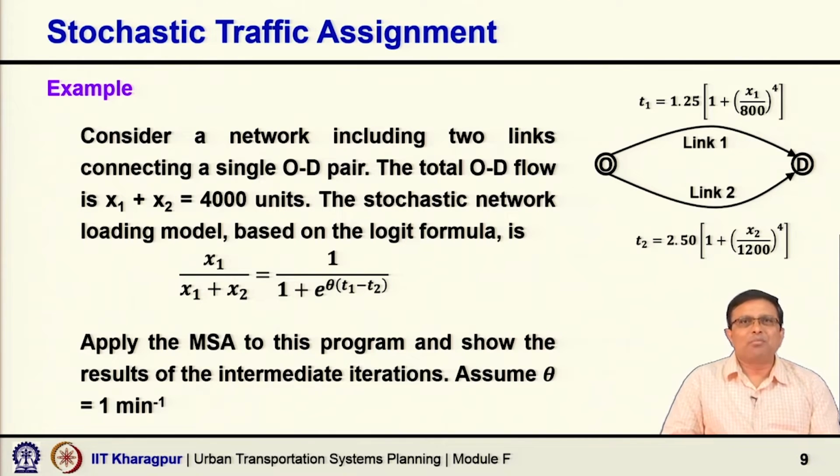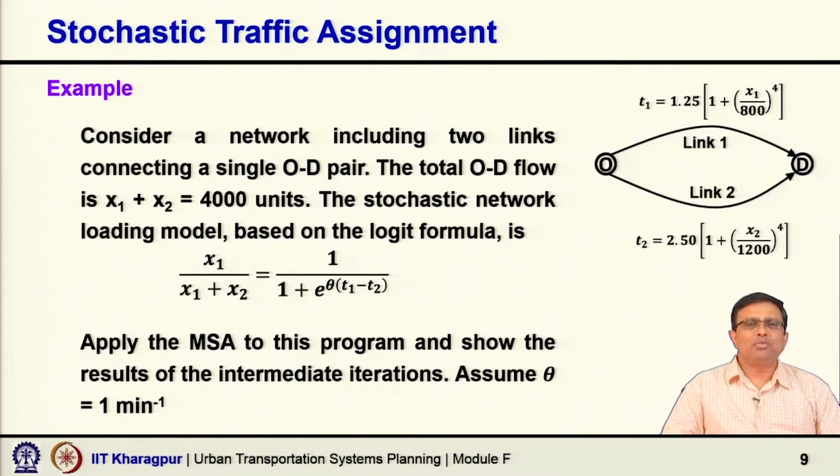So, take an example here. There are two links, link 1, link 2, the travel time functions are given, T1 = 1.25 + 1.25 (1 + x1/100)^4, just like the BPR function, right. So, for link 2 also the travel time function is given.